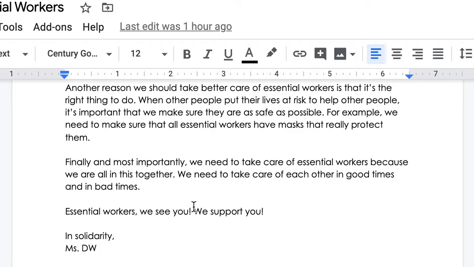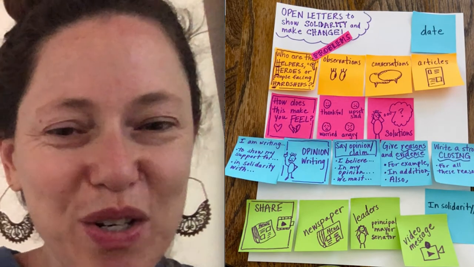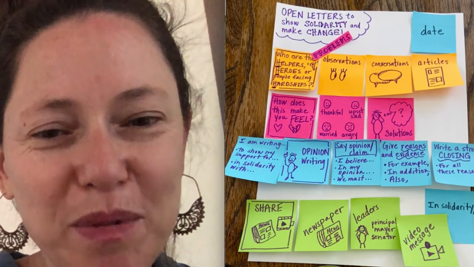For example, we need to make sure that all essential workers have masks that really protect them. Finally, and most importantly, we need to take care of essential workers because we're all in this together. We need to take care of each other in good times and bad times. Essential workers, we see you, we support you. In solidarity, Miss DW.